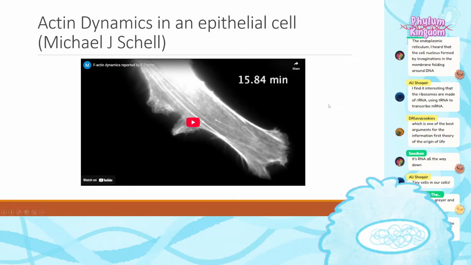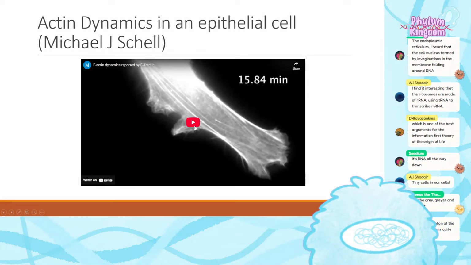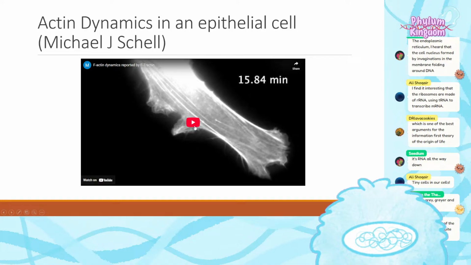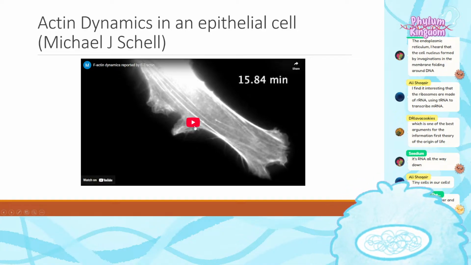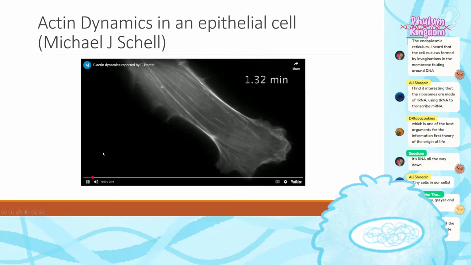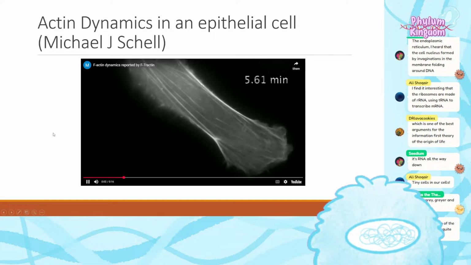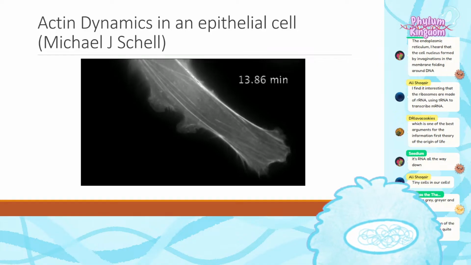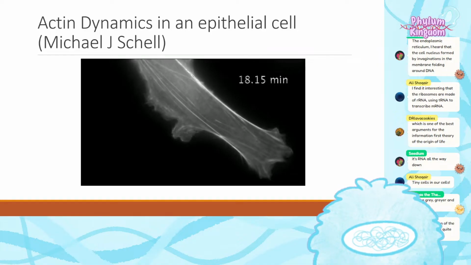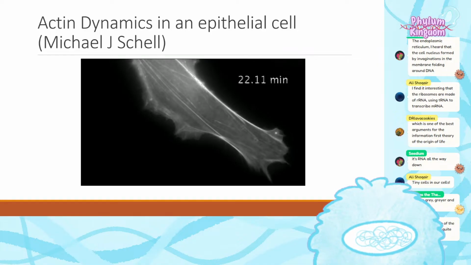Okay, here's a video that I think is cool. Just showing you how dynamic the cytoskeleton actually is, which I don't think you get in a typical high school education. So here you can actually see, labeled here is, I think, GFP labeled F actin, right? So this is an epithelial cell. I think this is a kidney cell just on a dish.